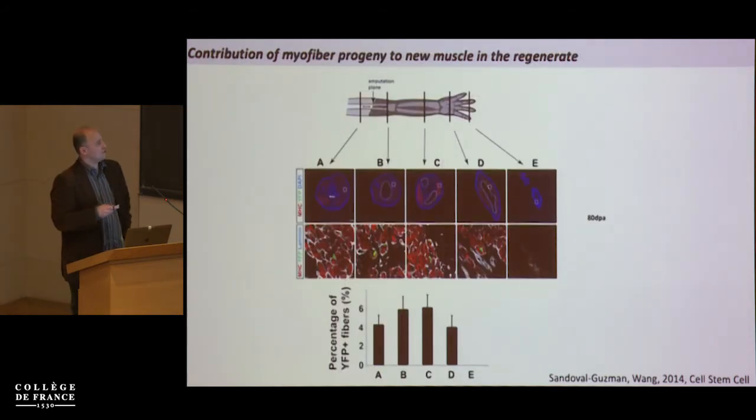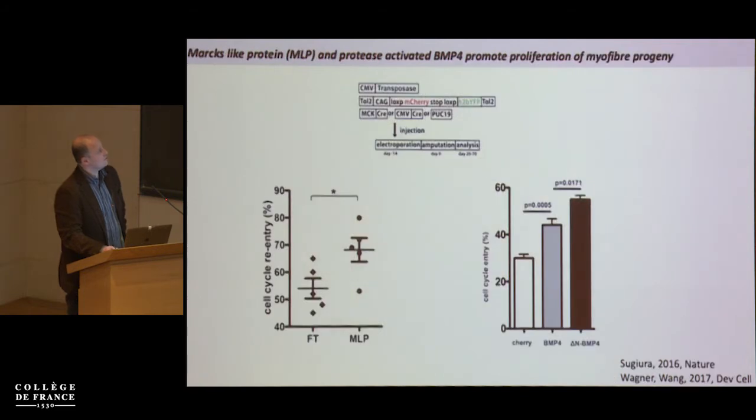Anyway, the long-term tracings showed contribution to muscle all along the proximal distal axis, except the fingertips, but there is not much muscle there. This method was also used to identify a number of molecules, in collaboration with Ali Tanaka's group, but the in vivo experiments were performed in our lab, to identify different molecules that promote the cell cycle re-entry of this quiescent and traditionally considered postmitotic nucleus.